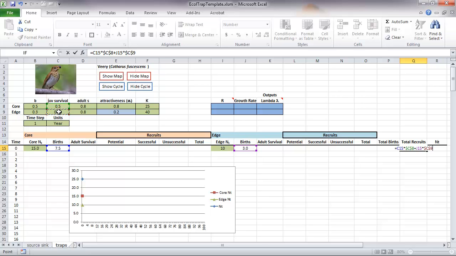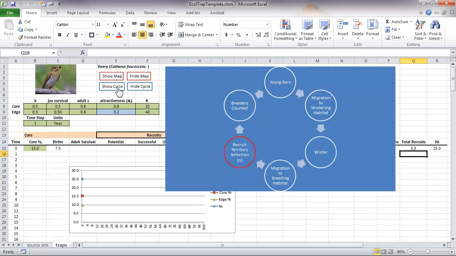Right? So of these 10.5 births, 5.3 individuals will become recruits. So we're right here. 10.5, 5.3 make it to this particular place where they want to select a breeding territory.